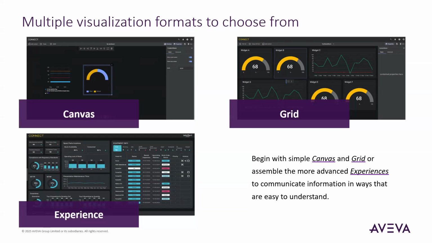The third thing is experience, which is an interactive visualization with dynamically driven content. It has advanced functions and deep customization. This is the new technology in Connect Visualization, and honestly, this is a very impressive format.